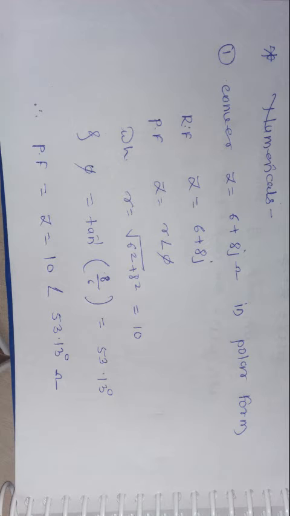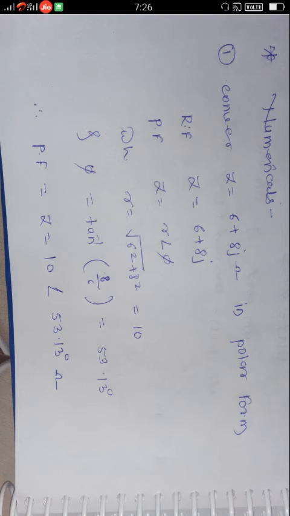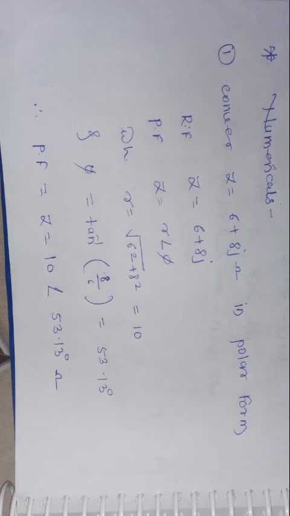Now consider first numerical: convert Z is equal to 6 plus 8j ohm in polar form. Now as we have seen, Z is the impedance and the value of Z is given as 6 plus 8j ohm, and that value of Z is in the rectangular form that we have to convert into polar form.